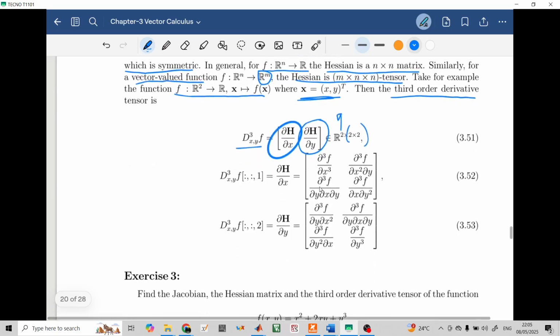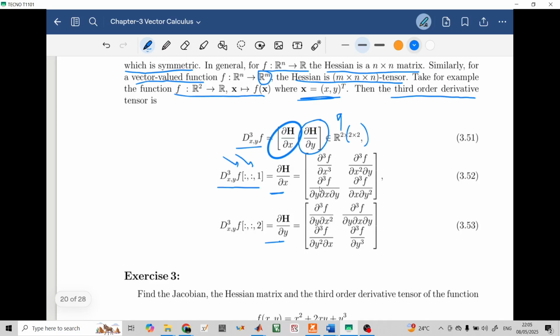Okay. So if we want to index this third order derivative tensor, we say like this: the first two indices index the Hessian matrix, and the last index references the page, as we said earlier. So this is page 1, which is the Hessian derivative with respect to x, and page 2 is the Hessian derivative with respect to y.